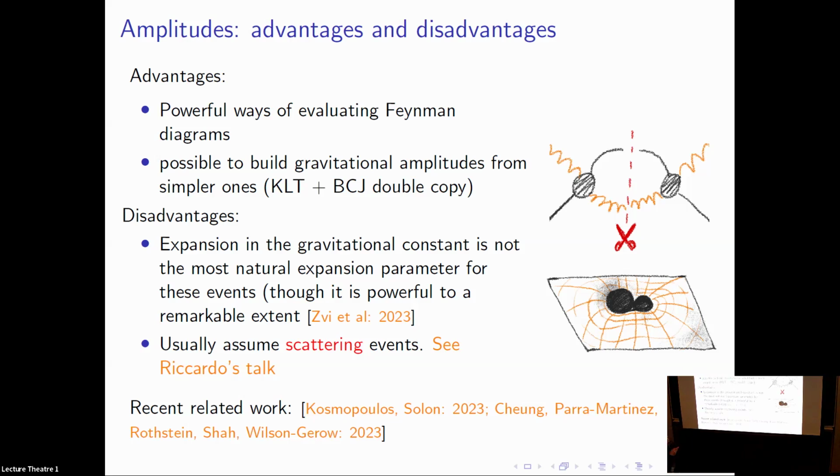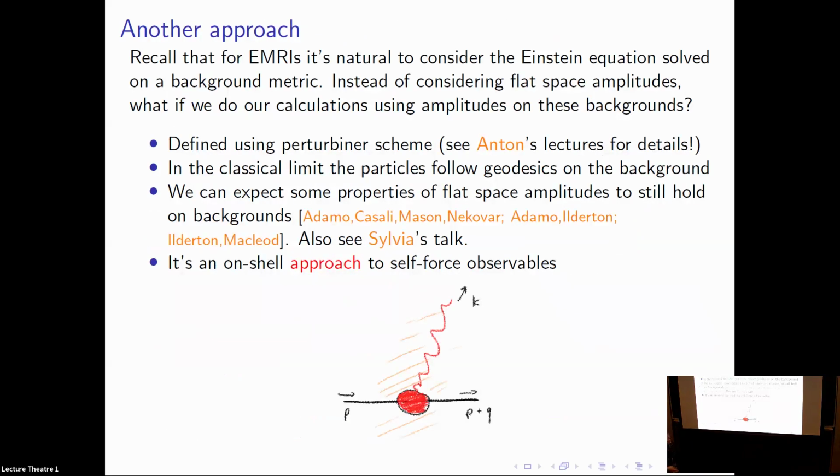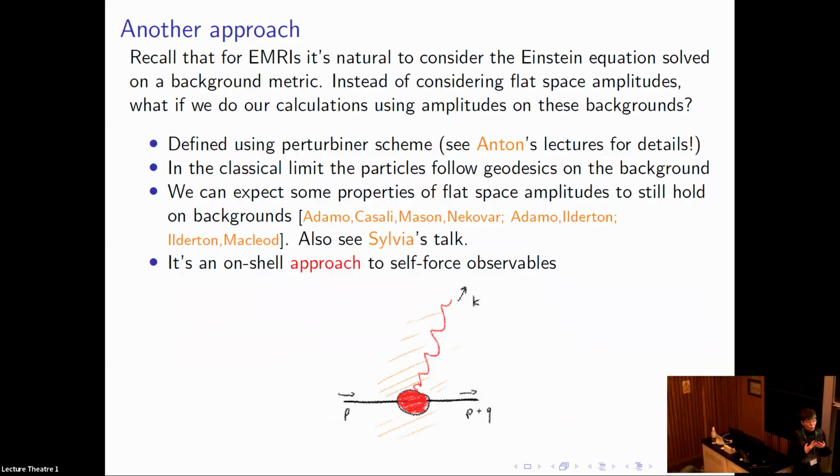Okay, but now let's look at another way of looking at this. Recall that what I was saying for EMRIs is that it's very natural to consider the Einstein equations solved on the background metric. So instead of looking at flat space amplitudes, so two massive particles scattering and emitting some radiation, what happens if we look at calculations of one particle scattering on a big, strong background? As we saw in Anton's lectures at the start of this week, we'll define these using the perturbiner scheme.